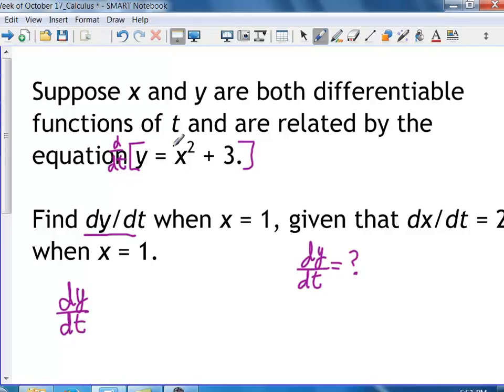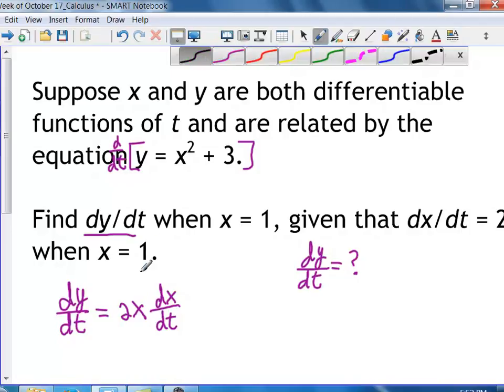We got x squared. What's the derivative of x squared with respect to t? Well, we can do our normal power rule, but because the variables didn't match, and I know this is new for you because usually the x's are the good thing, but in this case it doesn't match because we're doing it with t instead of with x. We would love it to be x so that they would match, but they don't. The derivative of 3 is still going to be 0. So this is done. This is our equation, okay?